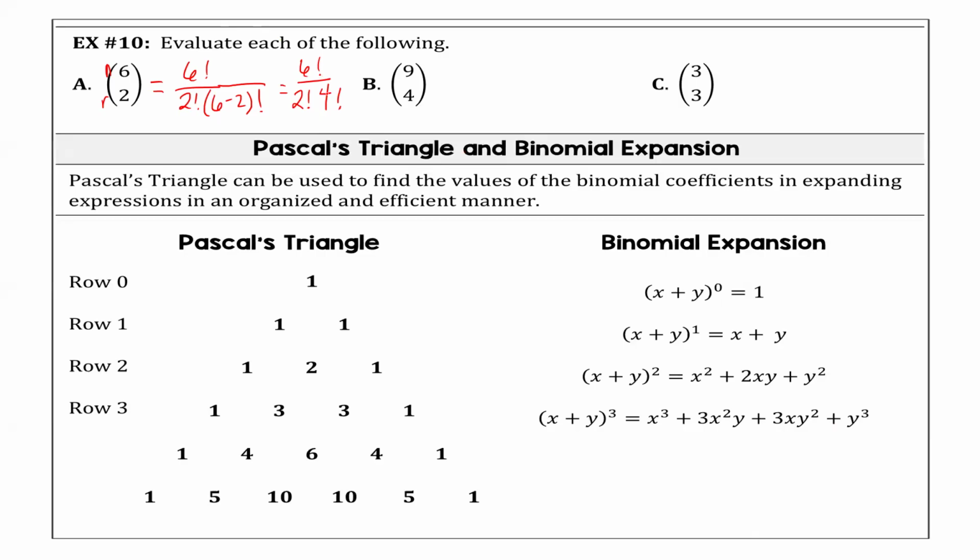In theory, you should be able to see that if I have 6, 5, 4, 3, 2, 1 in the numerator, and 2, 1, 4, 3, 2, 1 in the denominator, what's going to cancel out? We would cancel out a 4.